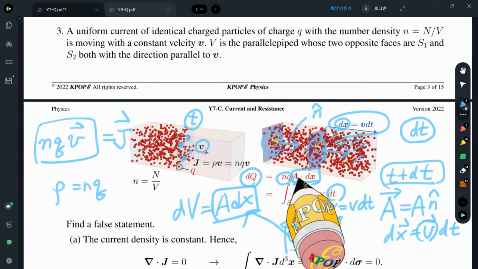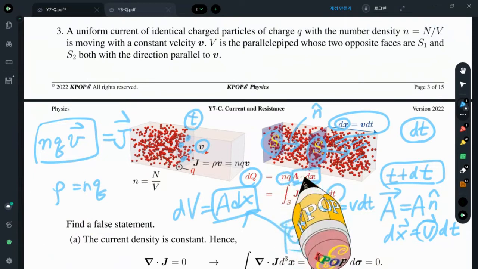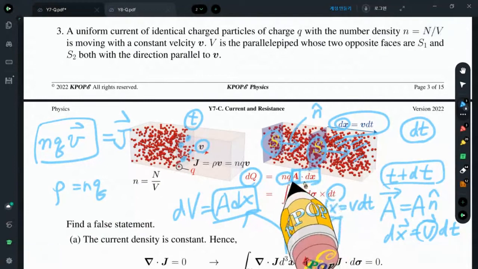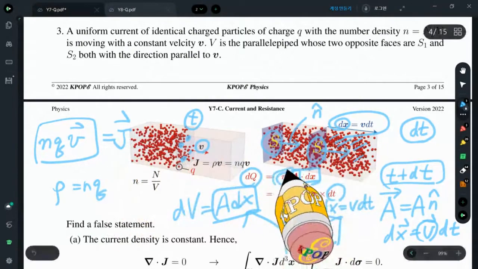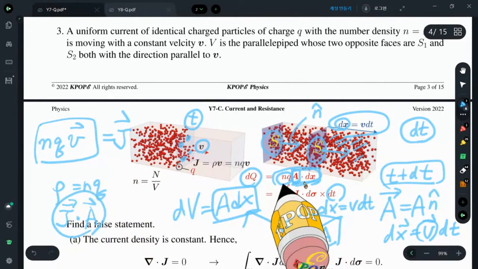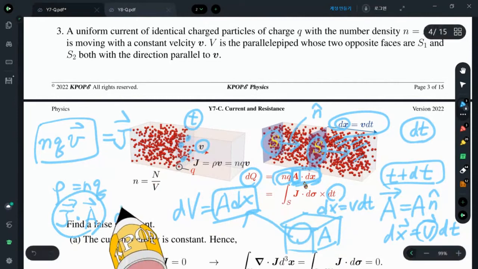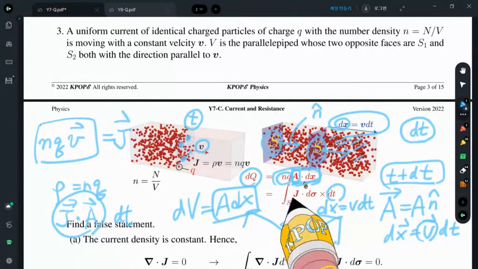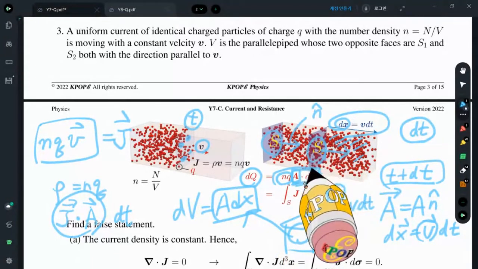So current density multiplied by the cross-sectional area. So this is J dot A, right? J dot A dt. This J dot A can be expressed as an integral over this surface.